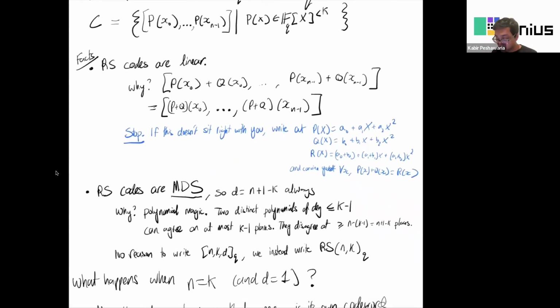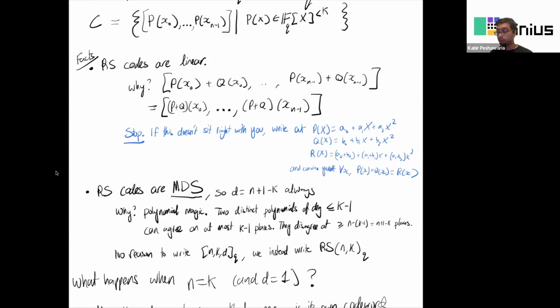Okay. Reed-Solomon codes are also maximum distance separable, so their distance is always equal to n plus 1 minus k, achieving the Singleton bound. Why? Polynomial magic. Two distinct polynomials of degree at most k minus 1 can agree on at most k minus 1 places.